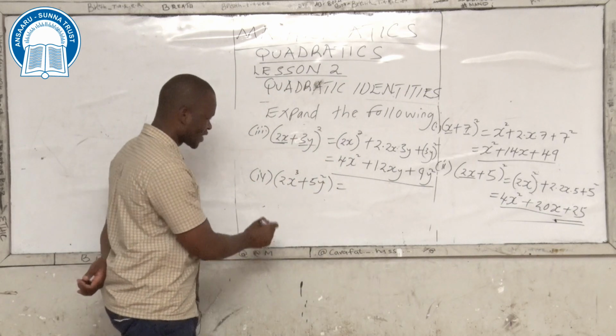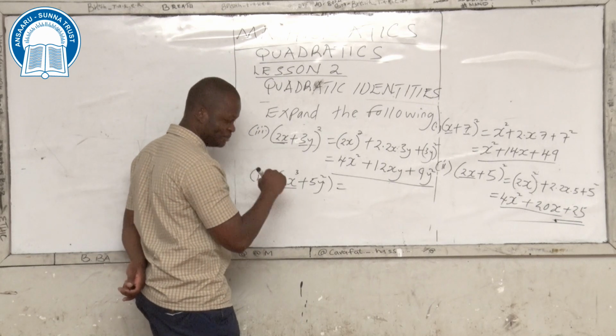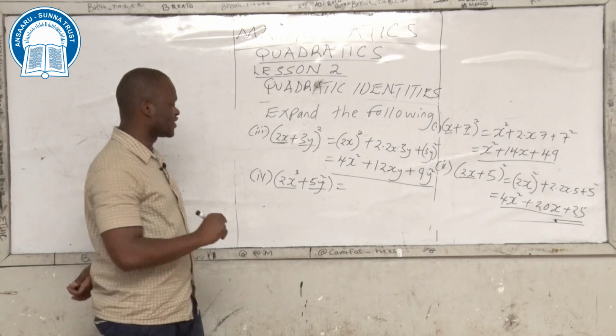So again, we have 2 terms. 2x cubed is a single term, being the first term. 5y squared is the second term.